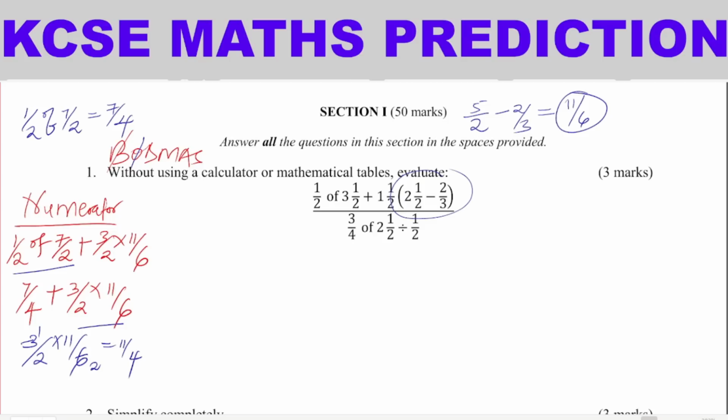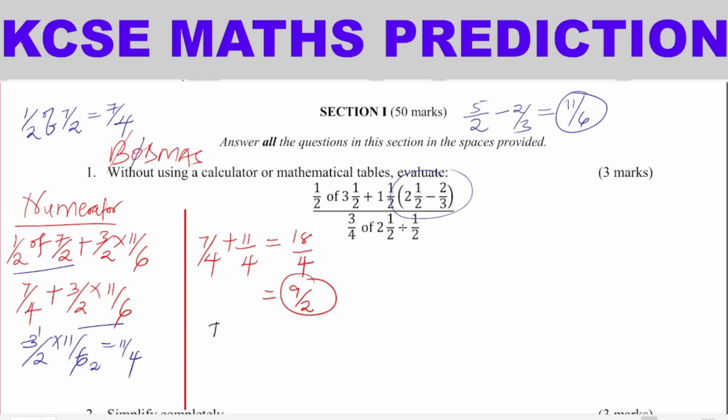So we're still reducing it. Now we have 7 over 4 plus 11 over 4, and this will give 18 divided by 4. When you simplify these, it will give 9 divided by 2. So that is the numerator.